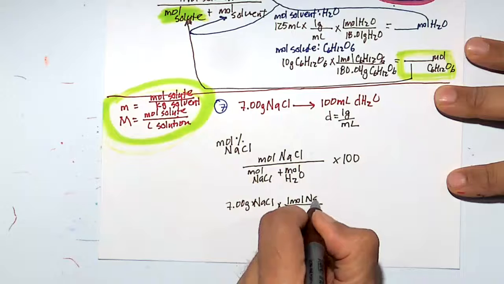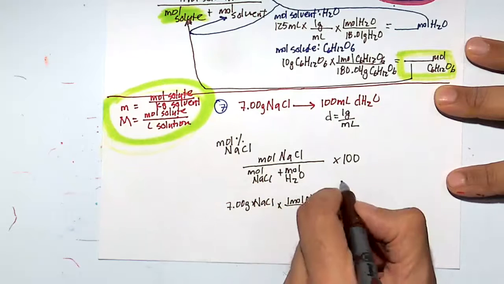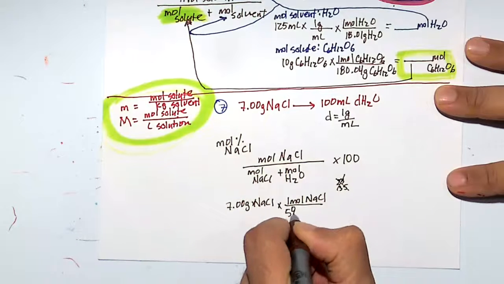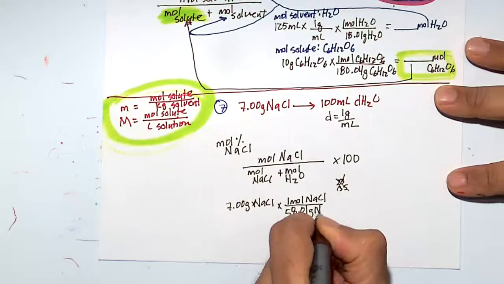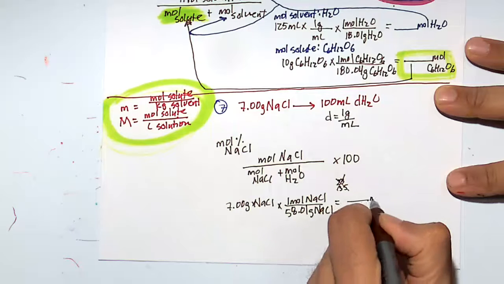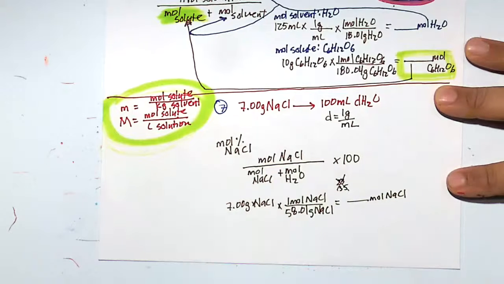One mole of NaCl. I don't know what it is, 58? 58.01 grams of NaCl. Okay, that will give you moles of NaCl. And then for the moles of water, you can use the density, right?